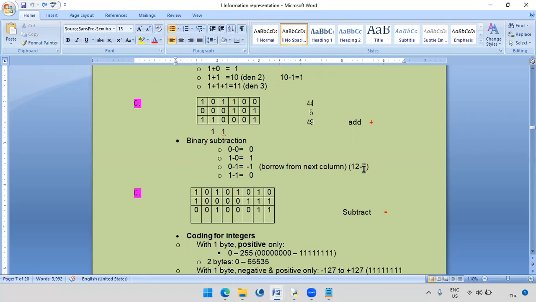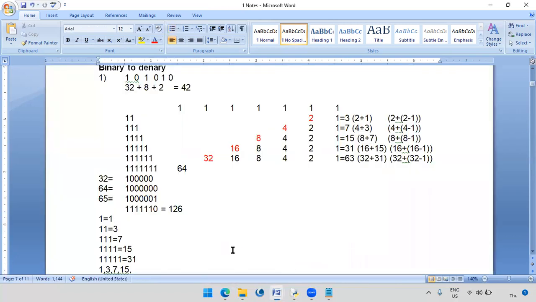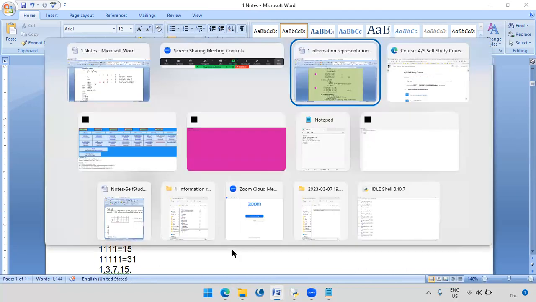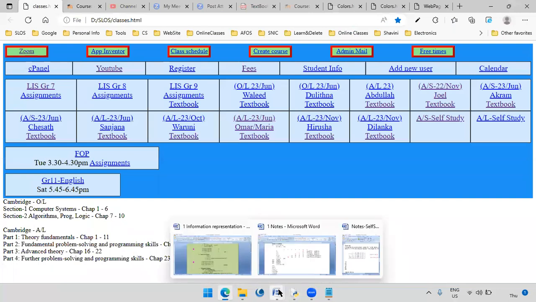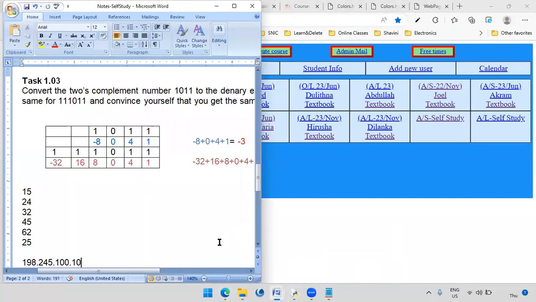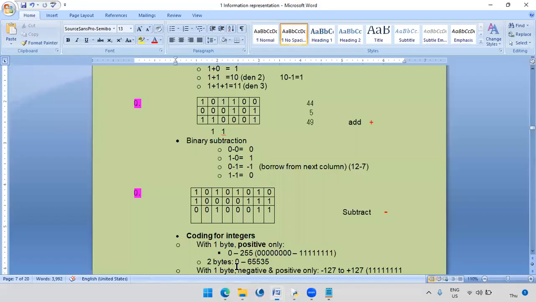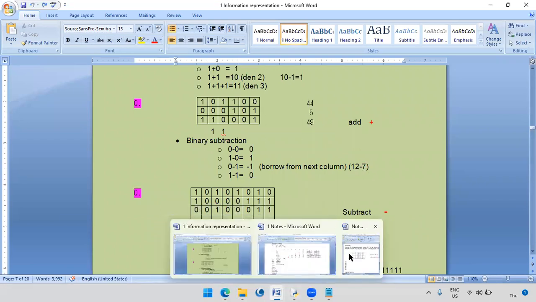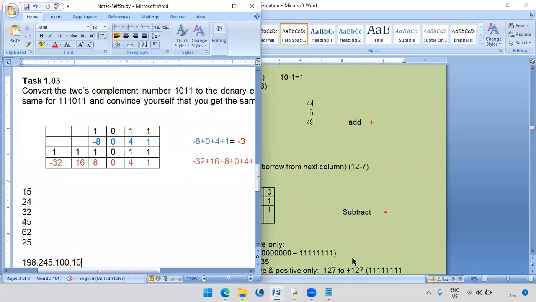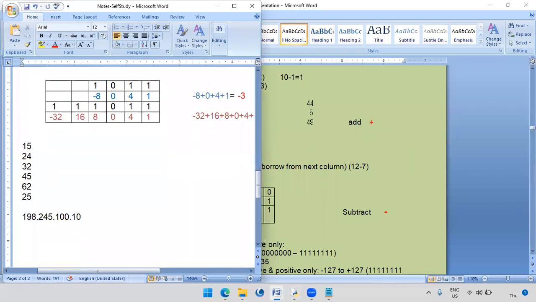If you can't, so if you want to subtract 12 minus 7, you write 12 there, minus 7 here.